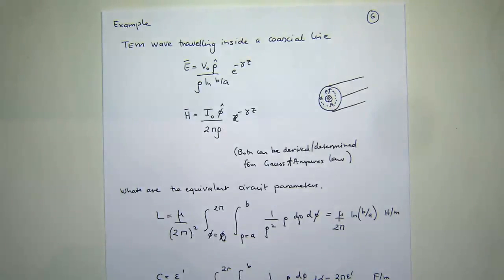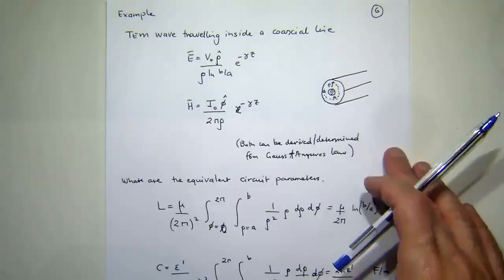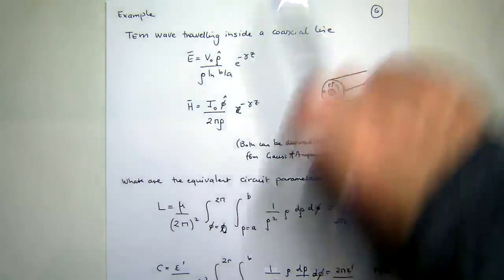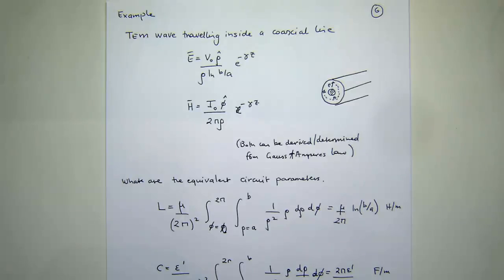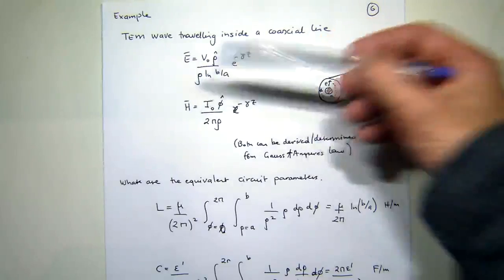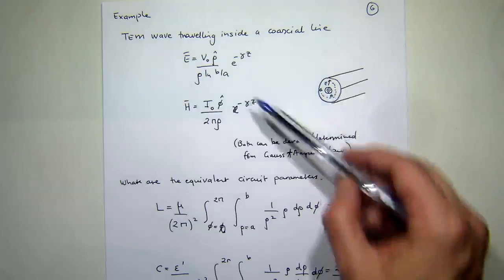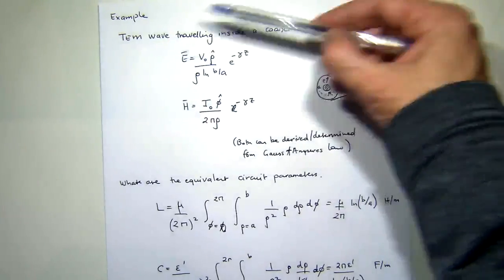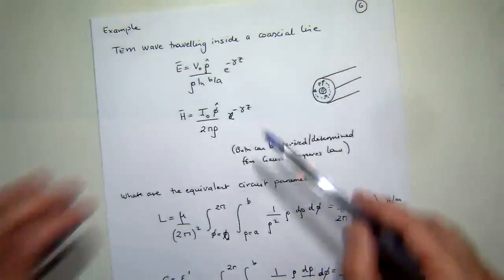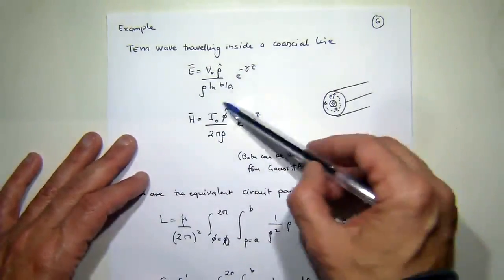Now, for this particular structure, you can go through Maxwell's equations and convince yourself that for a coaxial cable carrying current, the electric field is given by this relationship and the magnetic field is given by the following relationship.